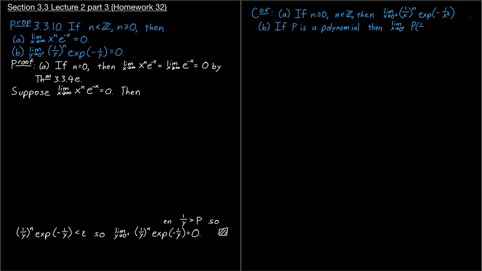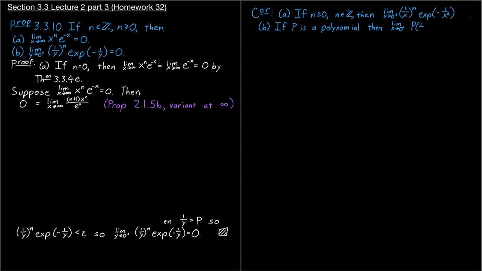Then I'm going to write this way: the limit as x goes to infinity of n plus 1 times x to the n divided by e to the x is also equal to 0. And that is by proposition 2.1.11b. You can do multiplication inside a limit at infinity, and it'll still work out.